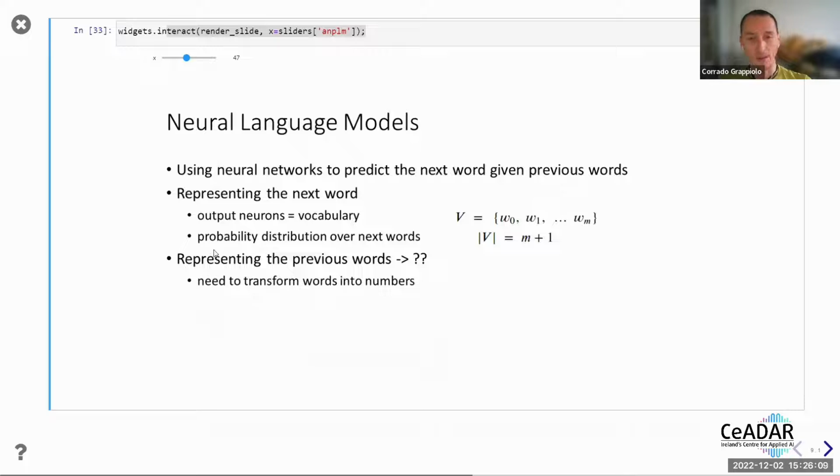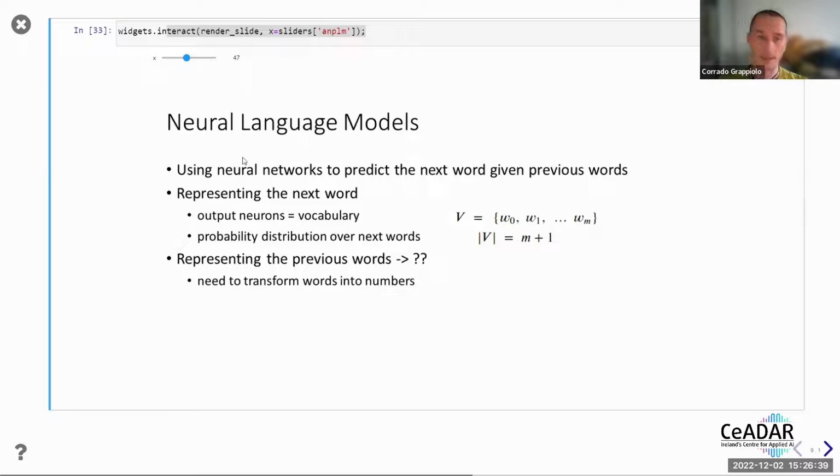What remains to define is representing the previous words, because neural networks accept input numbers, but we have words. So the question is, how do we transform words into numbers? Recall that n-gram models represent words as unique items, a node in a graph, or a key in a dictionary with respect to the previous class.